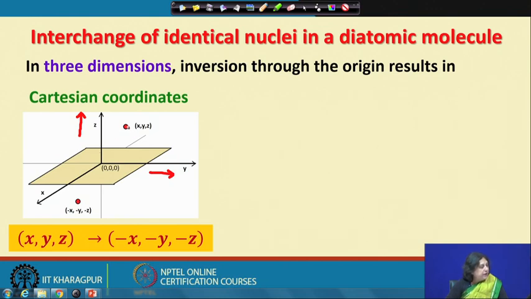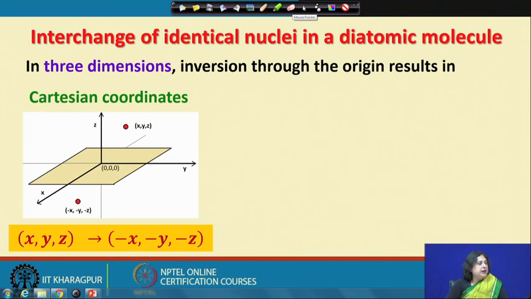Now, if I have one point here which when inverted through the origin will land up here. So, if this point is above the x y plane towards the direction of positive z, then by inversion through the origin it will land up below the x y plane and in the direction of the negative part of the z axis.